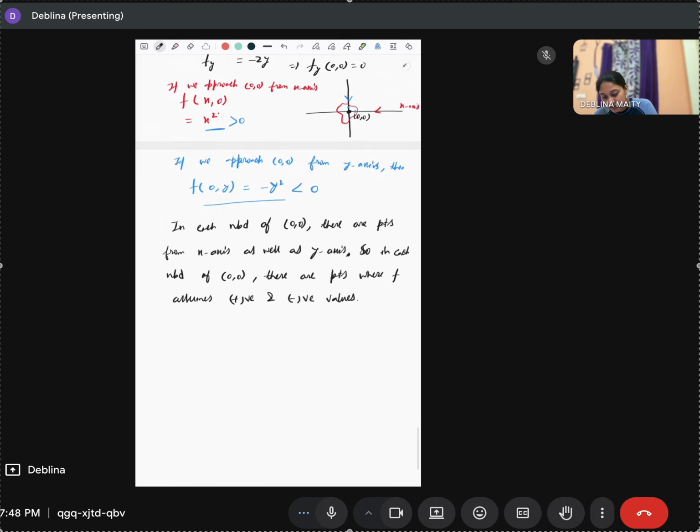Therefore (0,0) is not a local maxima or minima.